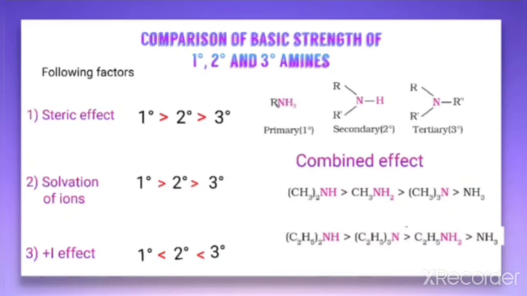When the alkyl group is methyl, in that case we can say that the 2 degree is more reactive than 1 degree than the 3 degree. And when the alkyl group is ethyl, that is C2H5, then 2 degree is most reactive, then 3 degree, then 1 degree.